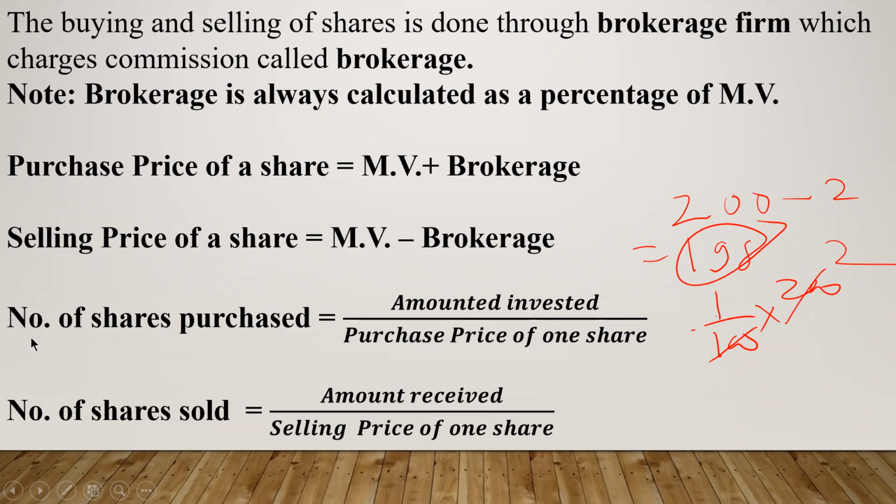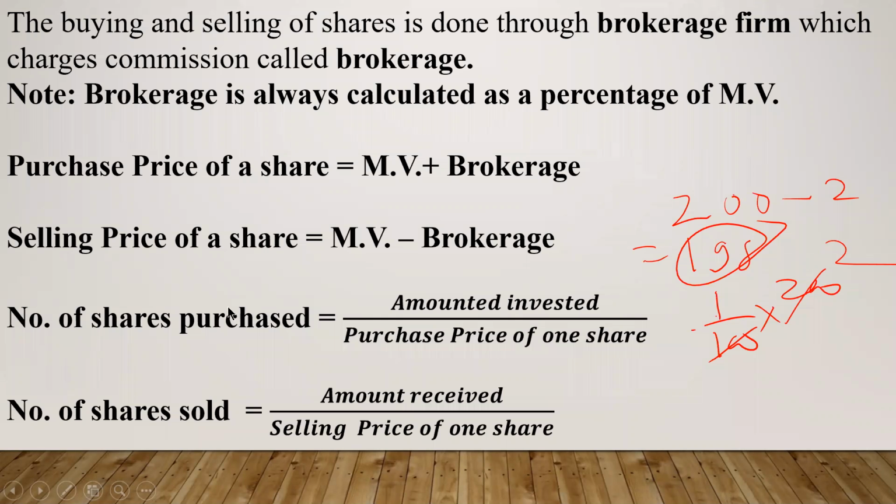Okay. Now, how will you calculate the number of shares purchased? How many shares are purchased? That is equal to the amount you have invested divided by the purchase price of that share. Okay. Similarly, how many shares are sold? When you are selling the shares, you will get an amount, so it is called amount received. So amount received divided by the selling price of the share.